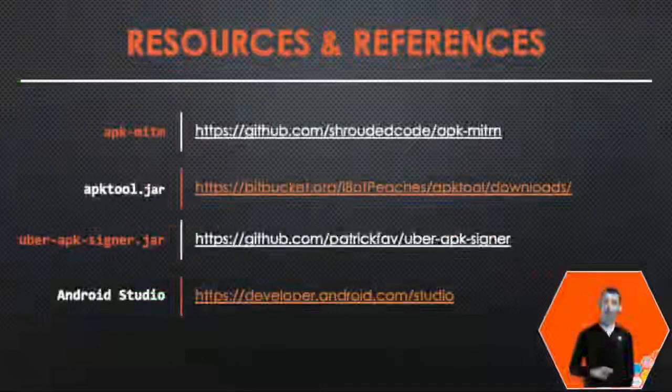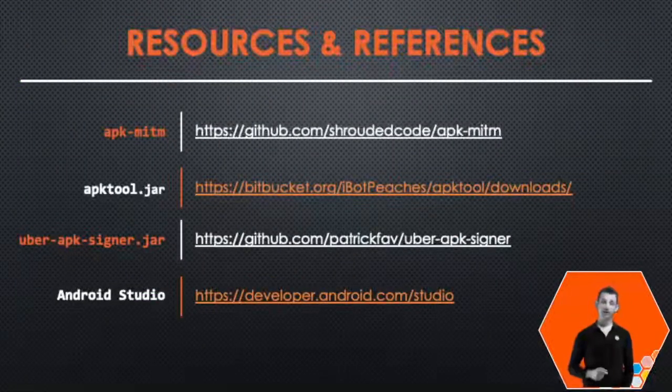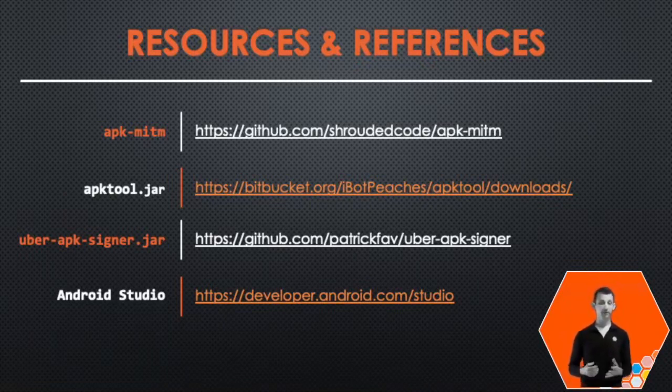So where can we get some of these tools? Again, I did not create any of these, but I came across them sometimes through other talks. Some of these I stumbled upon, but I did not create them. So it's important that we recognize those who have taken the time to generate these awesome tools that significantly reduce the workload for us bug bounty hunters. And we'll start with APK middle.